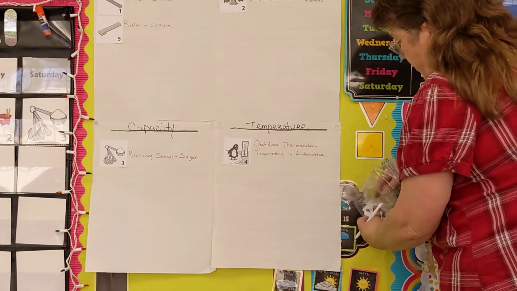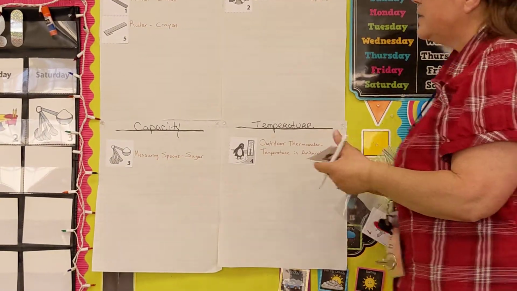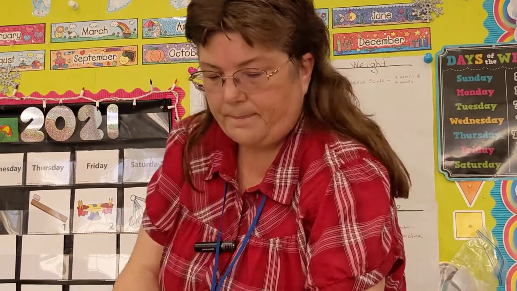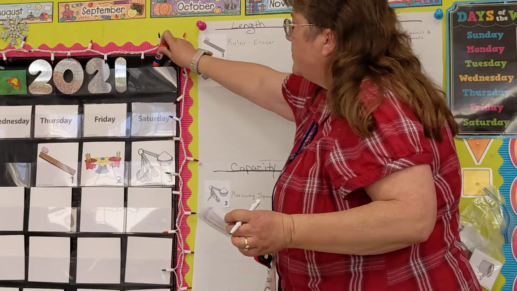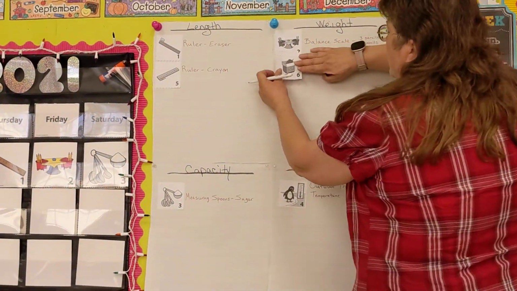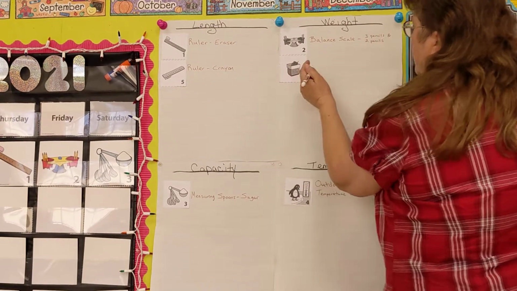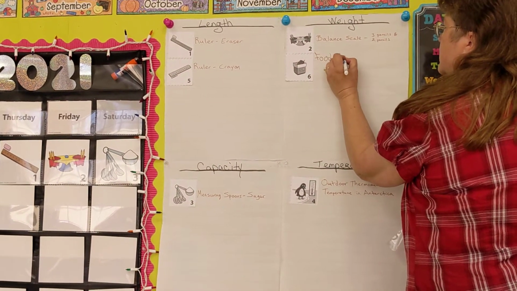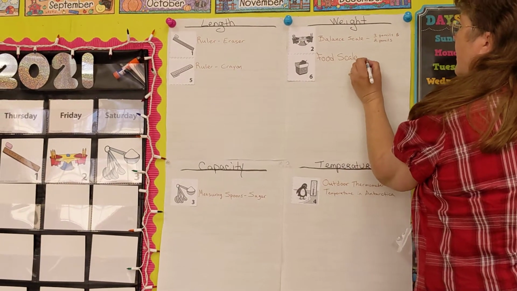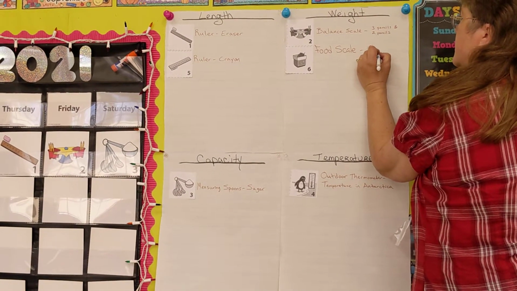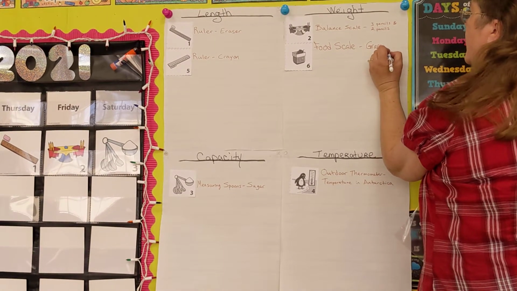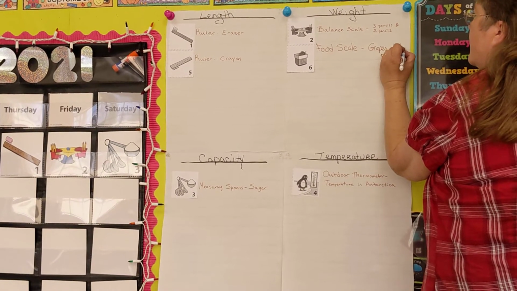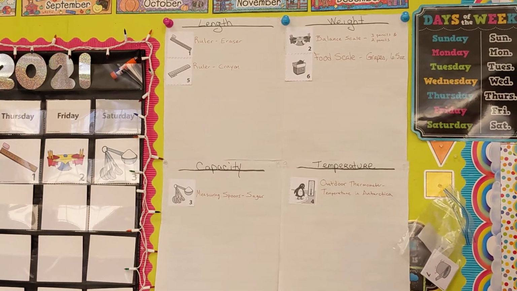Actually, I get to glue the scale up there first. Okay, we're going to write food scale. And it had grapes that weighed 6.5 ounces. Super cool.